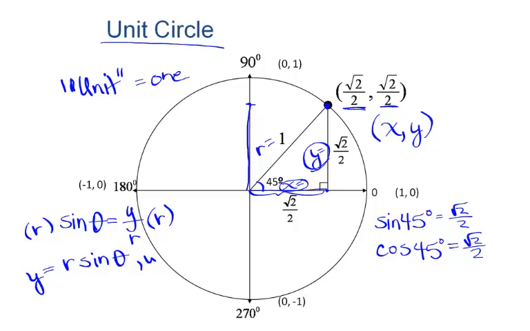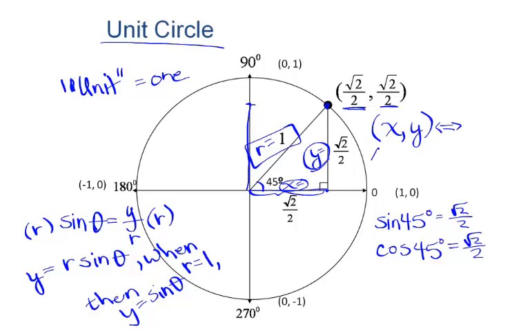When r equals 1, then y equals the sine of theta. What does r equal in the unit circle? It equals 1.